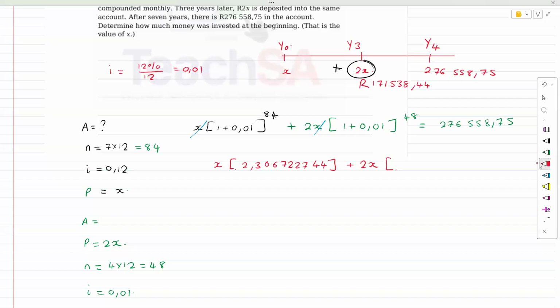Yeah, I'm never gonna get this one. I thought I could make it easier for you guys, but it's not gonna work out because the decimals are giving me very weird numbers and it's not fun to calculate. So 1.01 to the 48.